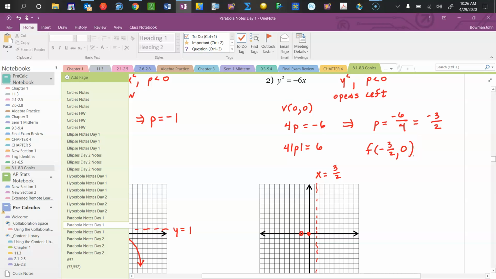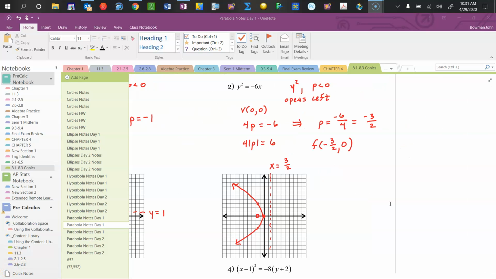And I know at the focus that the parabola is 6 units wide, so I go up 3, 1, 2, 3, and I go down 3, 1, 2, 3, and now I can accurately draw my parabola opening to the left.